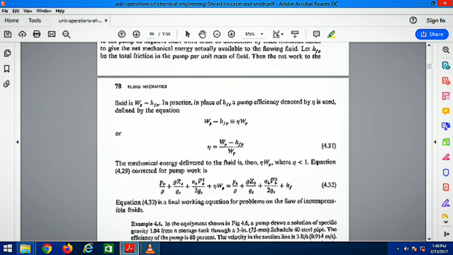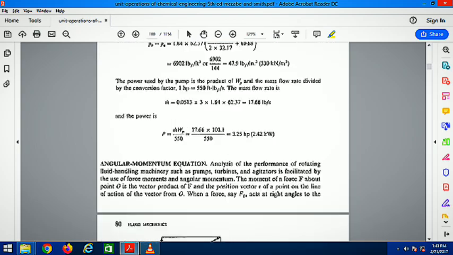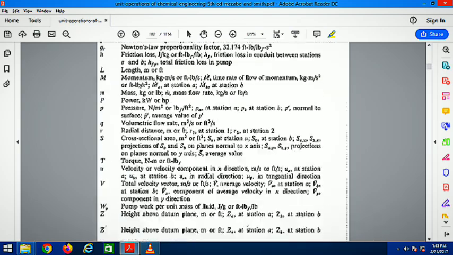So the pump work in Bernoulli's equation: let the work of the pump be WP, minus the friction is equal to the efficiency of the pump into the work of the pump, and we just put it in Bernoulli's equation like this. So this is the pump efficiency into work of the pump, that's added to Bernoulli's equation.